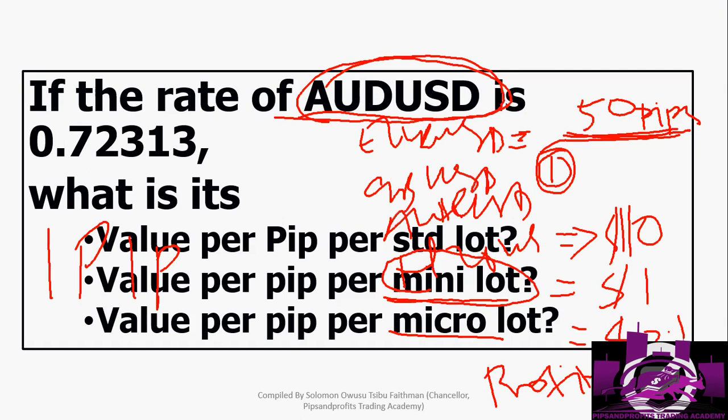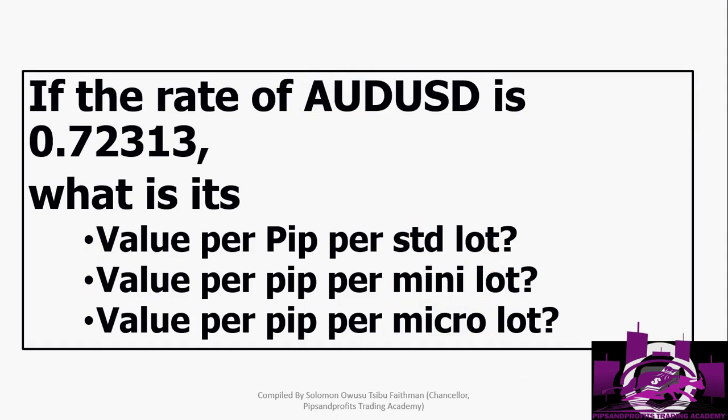Thank you, guys. That is it. So that will be 50. And then the micro lot, I'm going to have my profit to be 5. So now we've even learned how to calculate profit right away from this side. So when we get to that level, we are not going to spend much time.